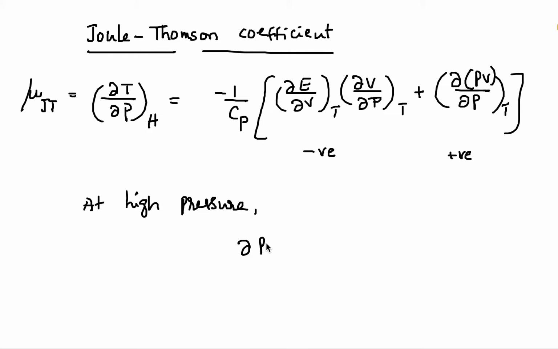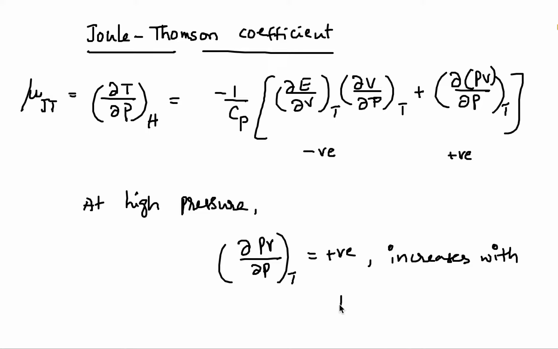So dou PV over dou P is positive, and this value keeps increasing with increase in pressure. It is a positive number, but with the increase in pressure it becomes bigger and bigger.